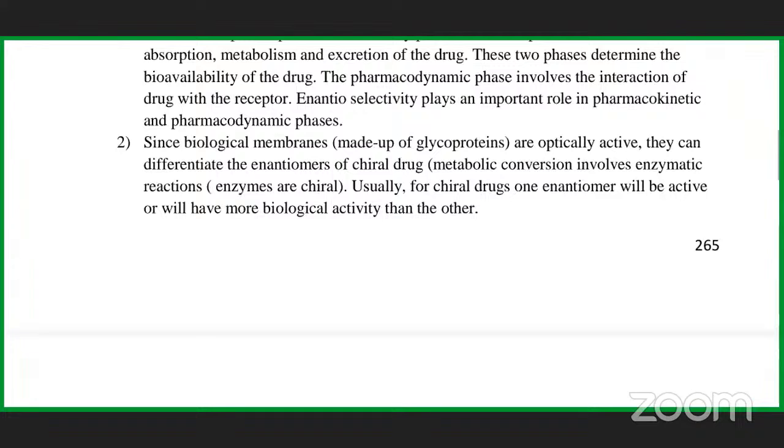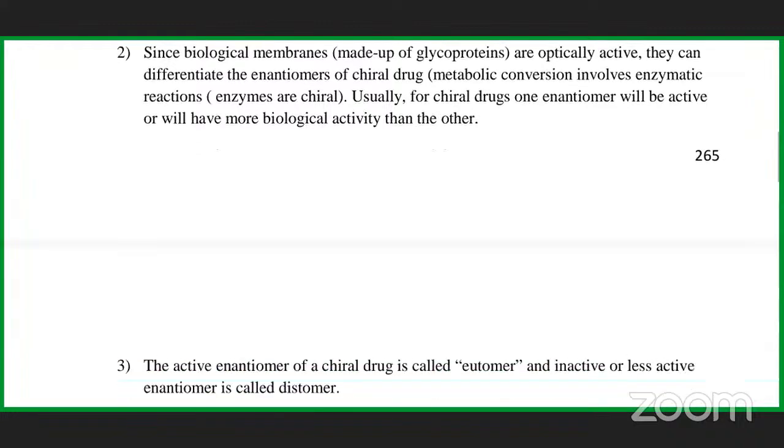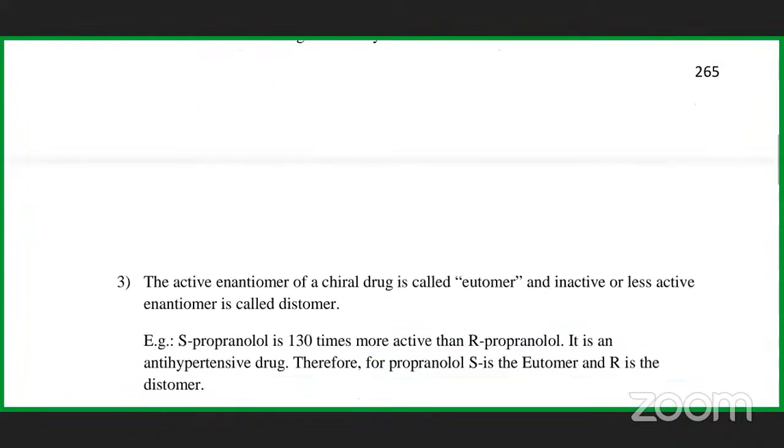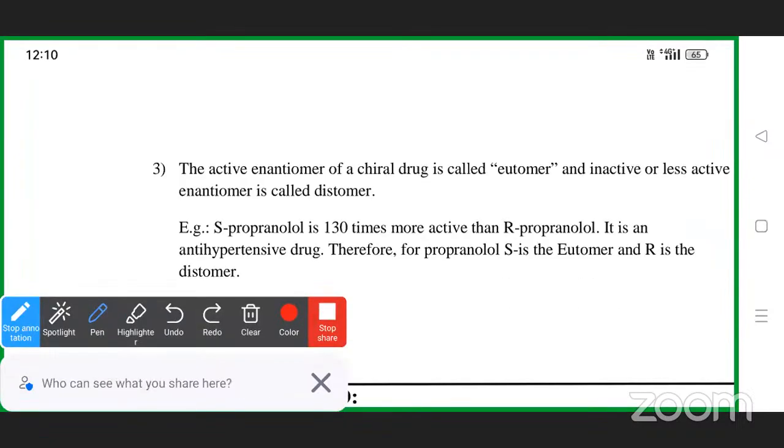Generally, the compound which is more biologically active is called the eutomer. The eutomer and the distomer are the two terminologies used to discriminate these particular enantiomers in chiral chemistry.